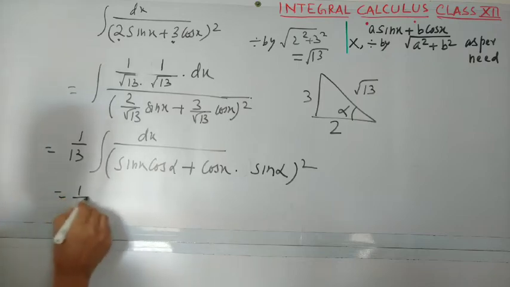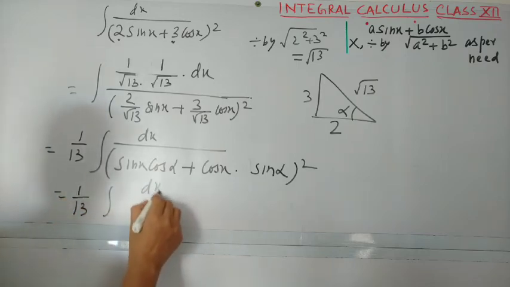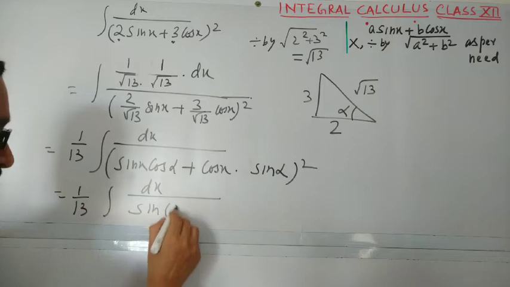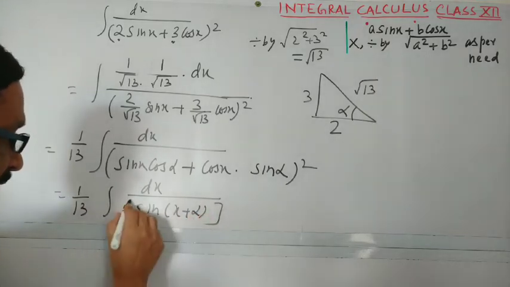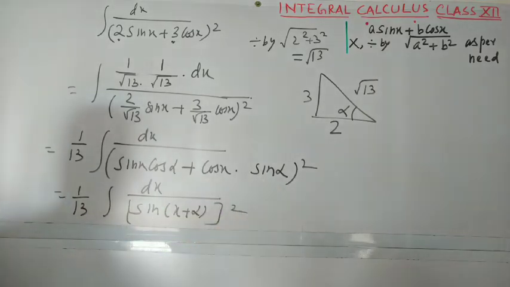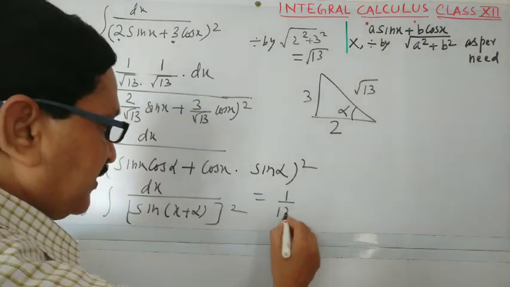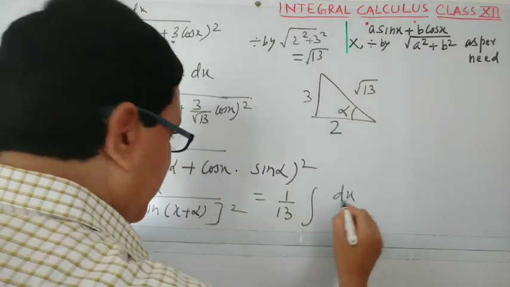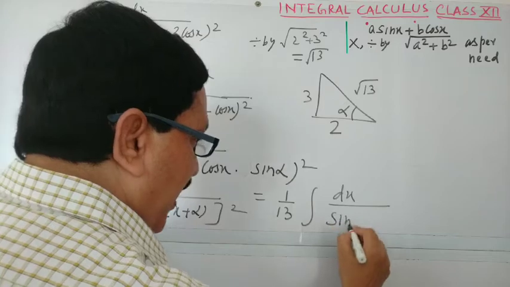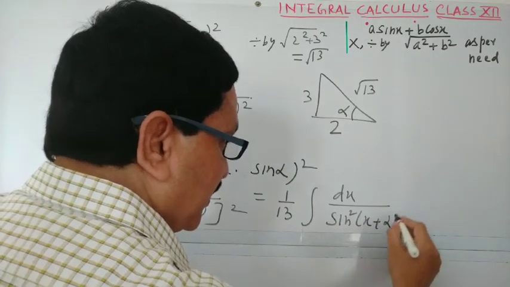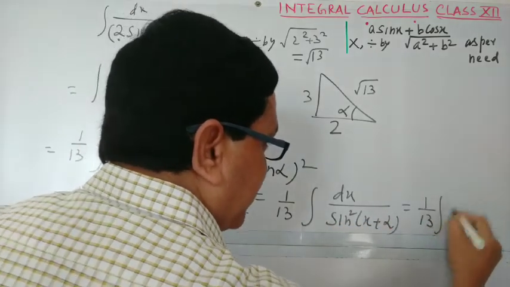Now this is 1 by 13 dx by sin x plus alpha whole square. Sin a into cos b plus cos a into sin b. So this is 1 by 13 integration of dx by sin square x plus alpha.